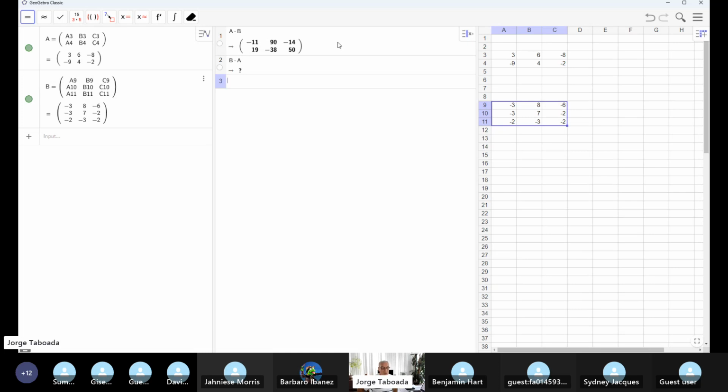Remember, to match the dimensions, the number of columns in the first matrix must equal the number of rows in the second matrix. In this case, I flip it, and no, because 3 and 2 don't match. So there's a reason GeoGebra puts a question mark. I don't know why, but I know I need to know the concept behind this.